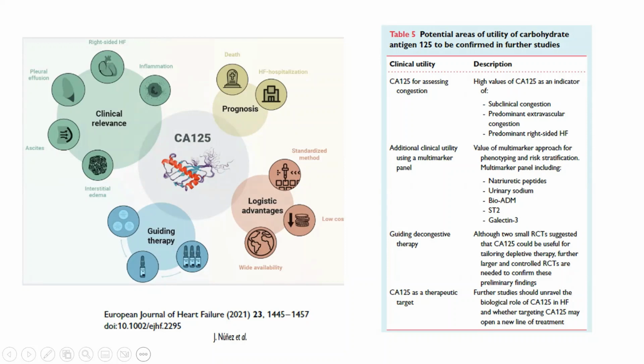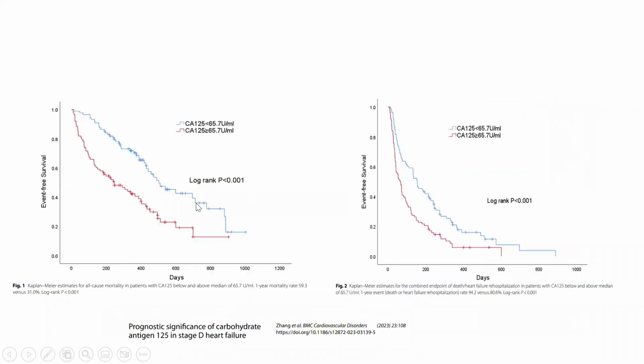Ovarian cancer. لكن it has been found انه it is an important marker of congestion for assessing congestion, guiding therapy for decongestion, and also as a therapeutic target. And it is also prognostic in terms of overall mortality and also death and heart failure hospitalization.